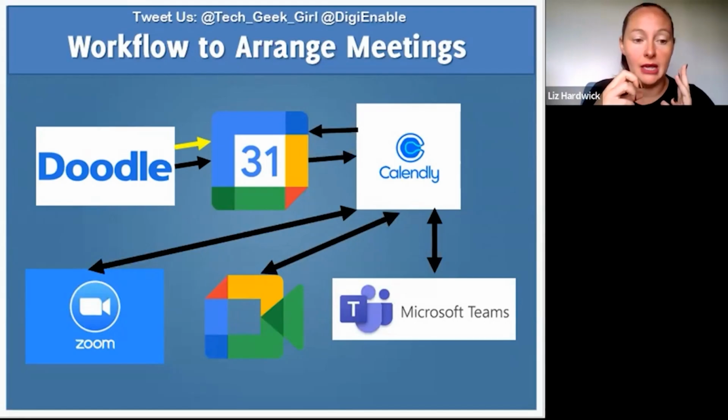Outlook or Google, for example, integrate with Doodle. So once you say yes, I want to add this to the calendar, if you've linked the two under the Doodle integration options, that will add the data straight into that calendar.